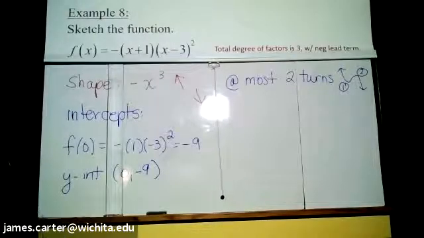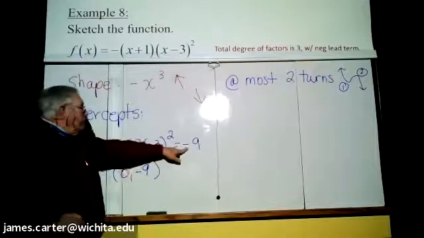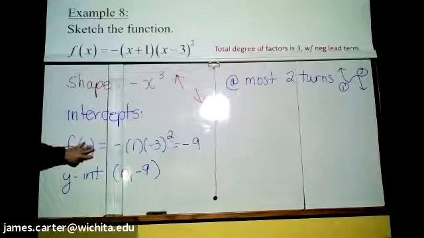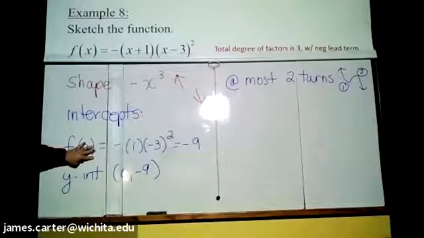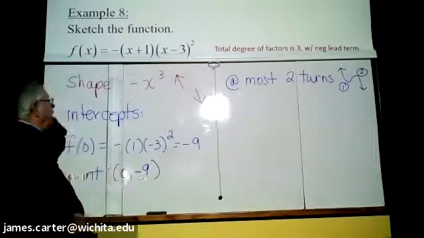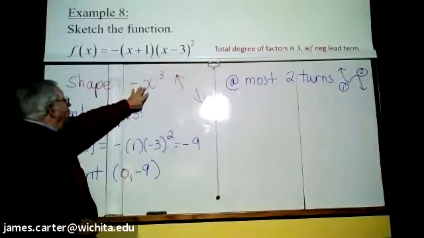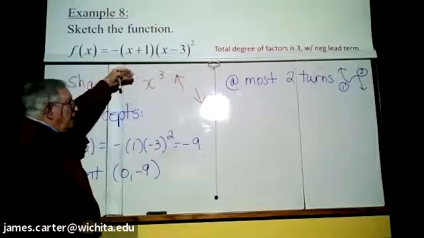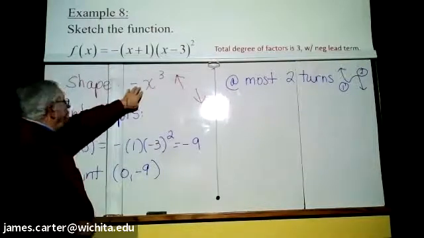Okay. Our y-intercept is going to be -9. Now, this is going to be continued on the next page. So remember that the y-intercept is -9. We know that overall it's going to go up left to down right.